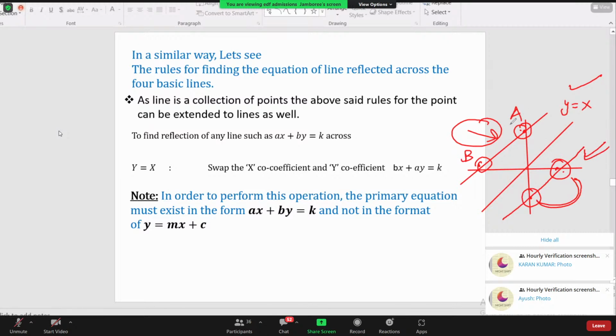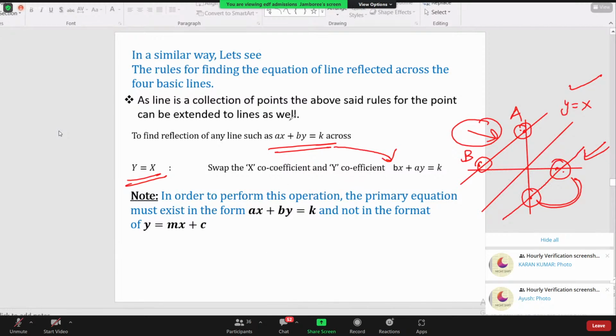Now, mathematically, this is a good way, but this is a very long process. The conclusion you can draw is, if you are given a particular line as ax plus by is equal to k, and you are expected to find the reflection of this line along the line y is equal to x, then you can simply exchange the coefficients of x and y, and that will be the answer.